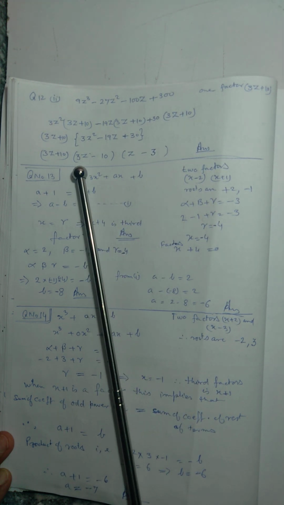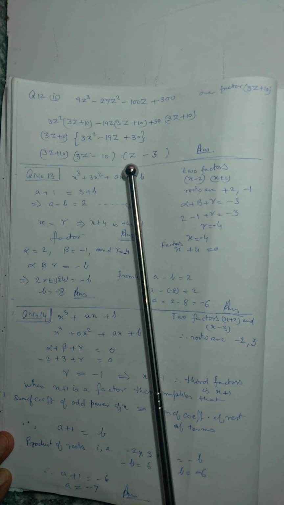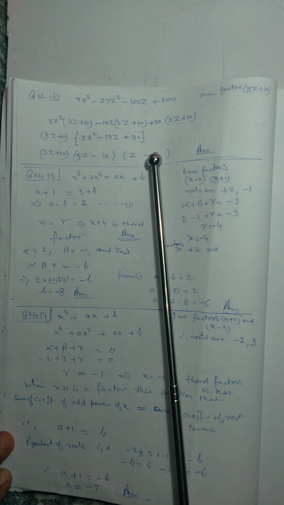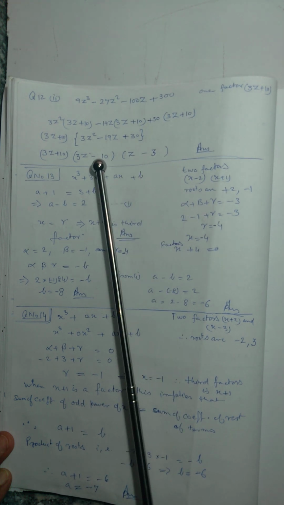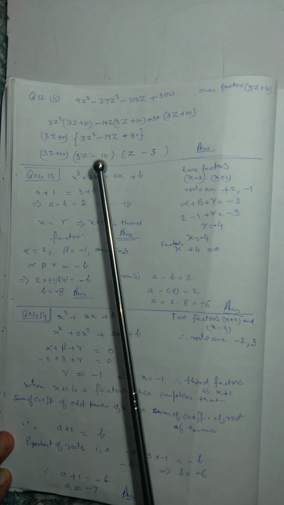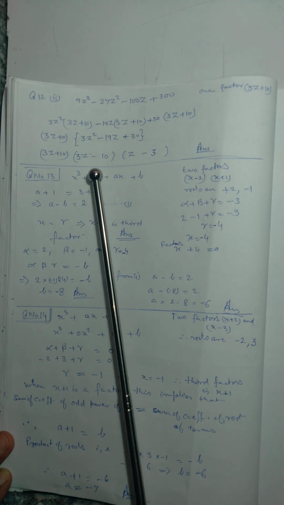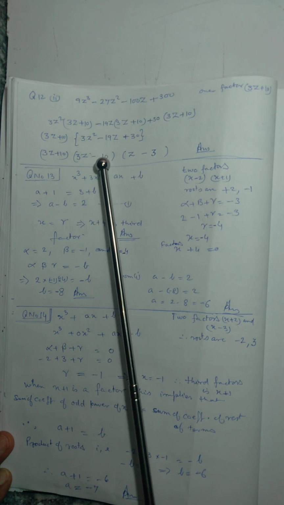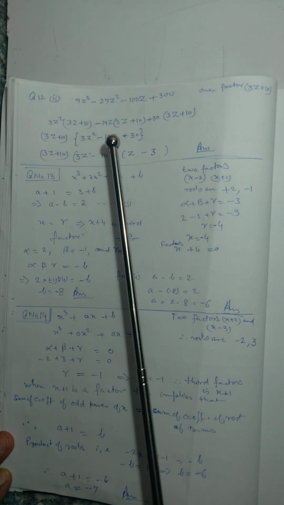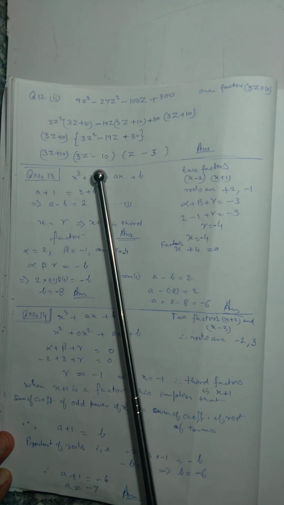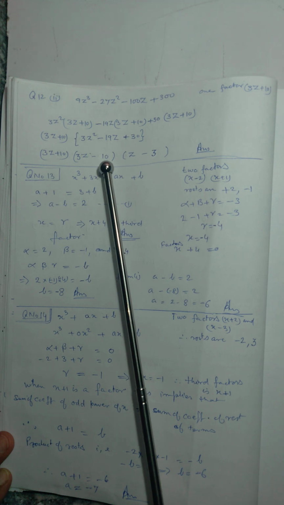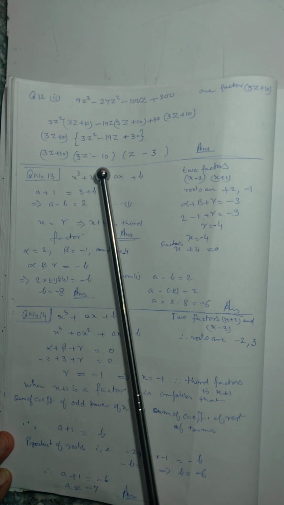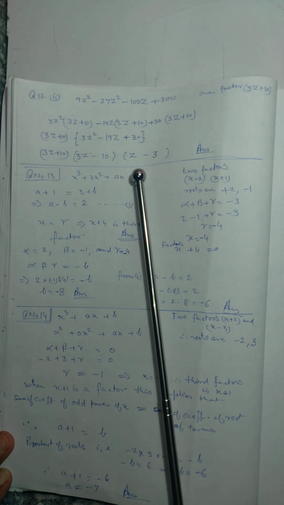You see, 3z is greater than z. So the greater part of the constant factor should also be here. But it is not the algebraic value; we have to take only the numerical absolute value. So this is 3z minus 10 and this will be z minus 3.